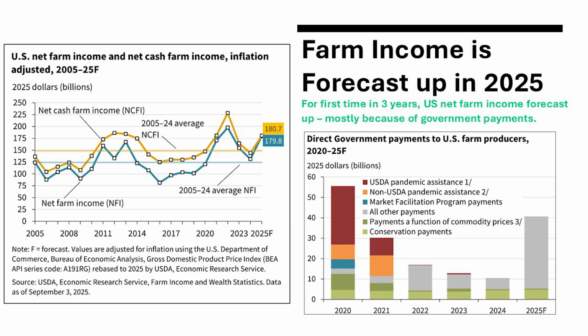This is from the Economic Research Service, showing how in 2025, net farm income is actually going to go up after seeing several years of decline. And that's because of government payments. You can see that gray bar there at the far bottom right chart. That's all government payments. So emergency disaster assistance, EFAP, is also part of that. And again, indicating the importance of a farm safety net for producers and the importance of ag policy.